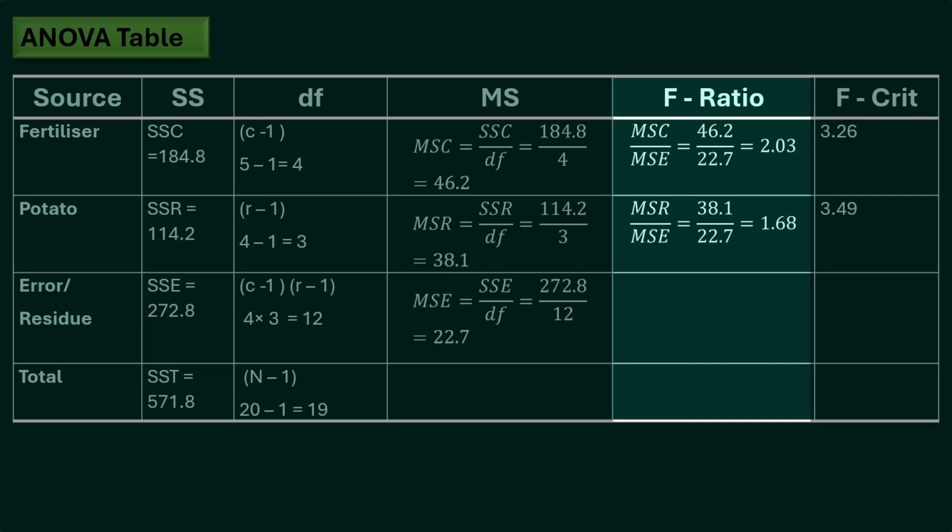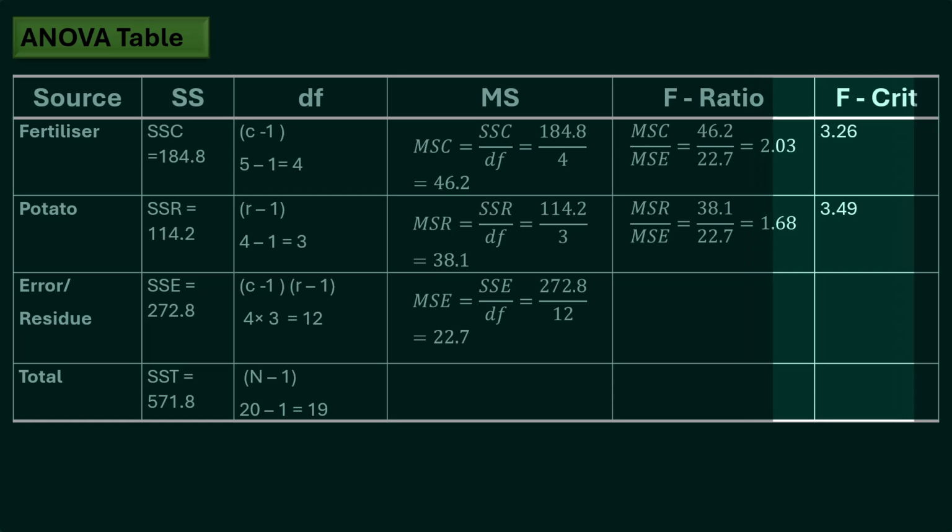F ratio of potato is MSR divided by MSE, 38.1 divided by 22.7, 1.68. In the last column, F critical value or table F value is shown. Critical F value corresponding to MSC is 3.26 and that of MSR is 3.49.